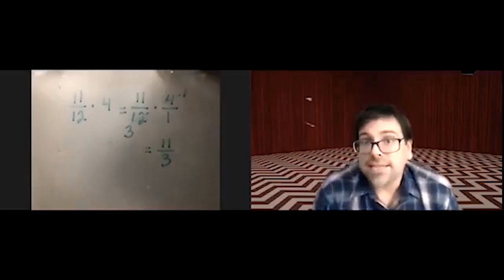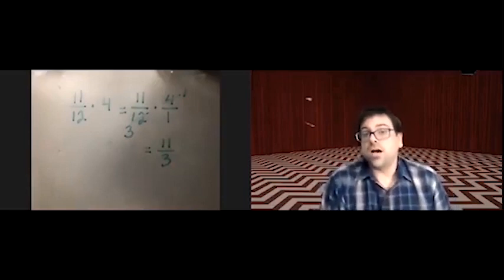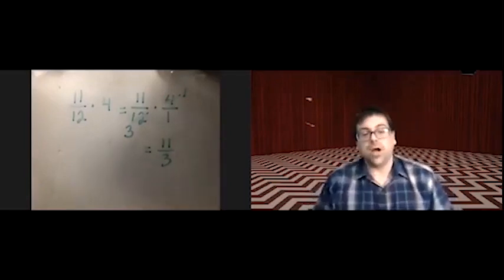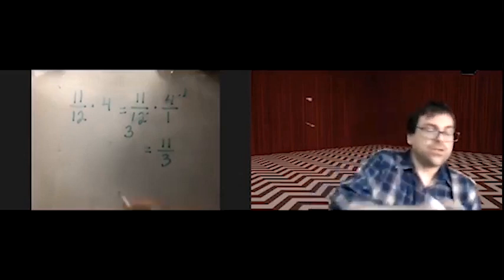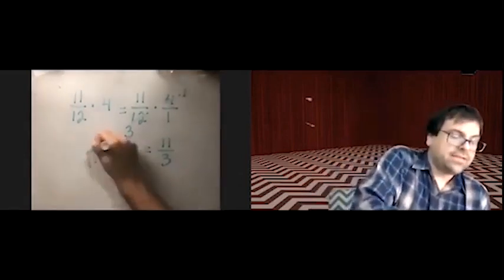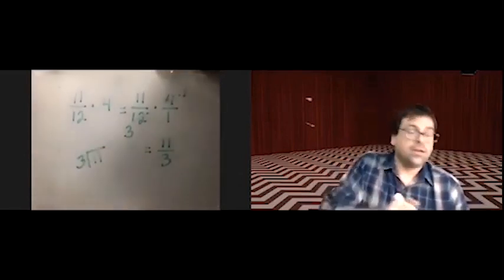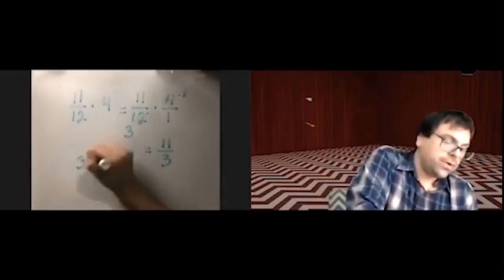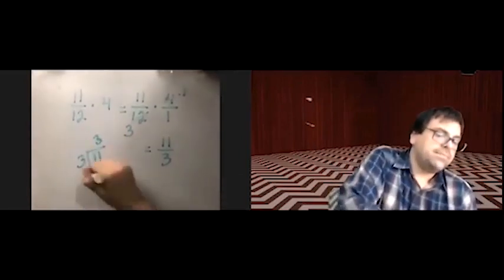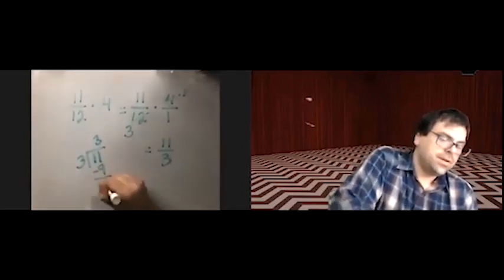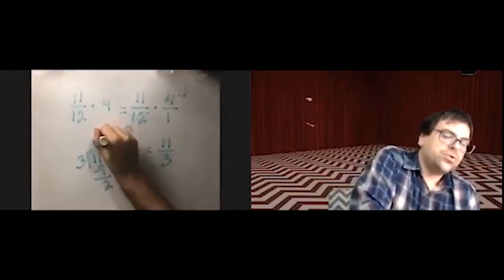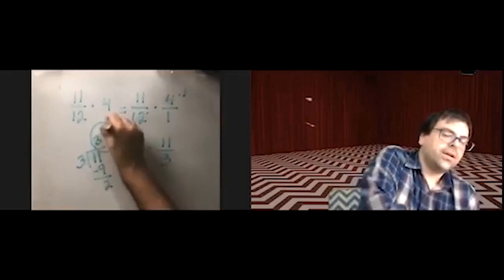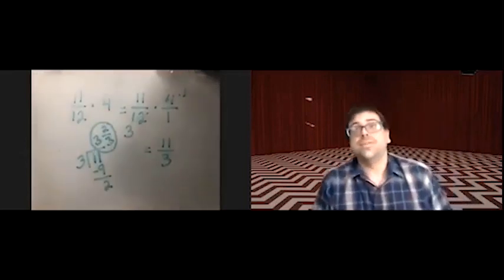And if it says that a mixed number is an option, then that is what it wants instead of the improper fraction. So we divide 11 divided by 3. 3 goes into 11 3 times. We get a remainder of 2, which we write over 3. 3 2/3.